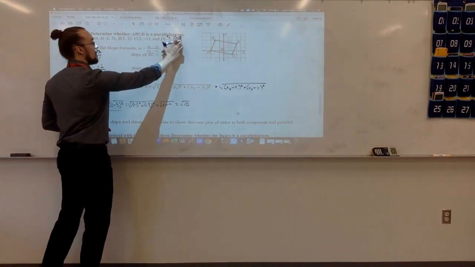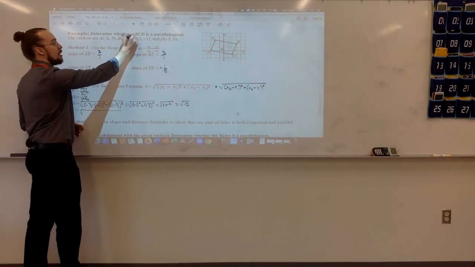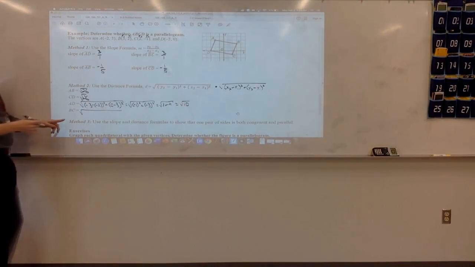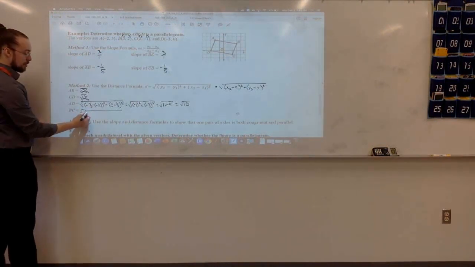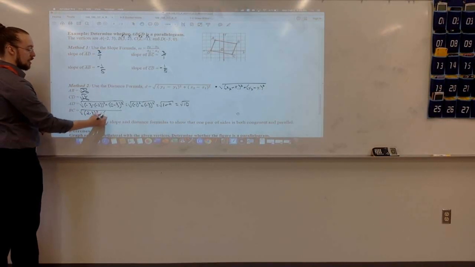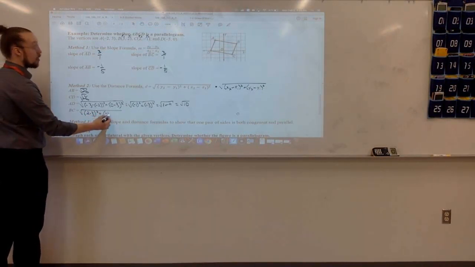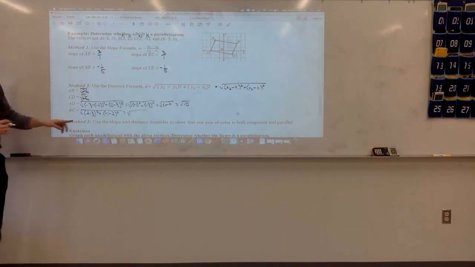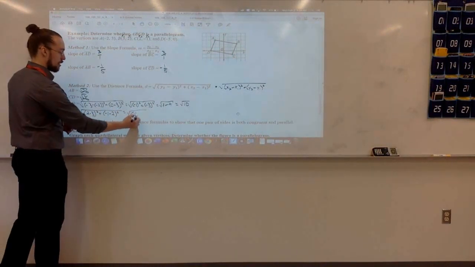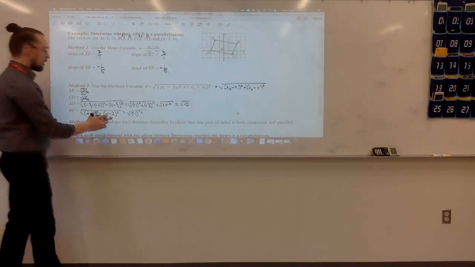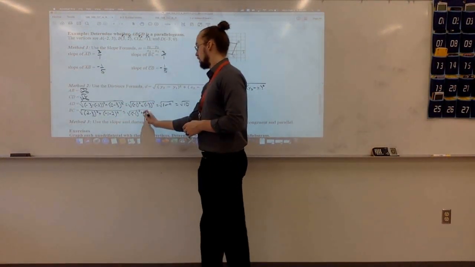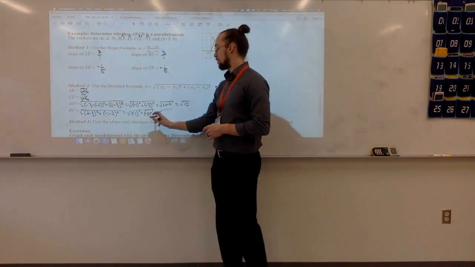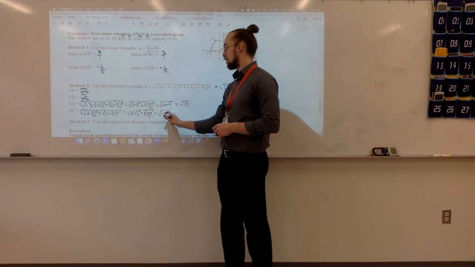So I can relabel my coordinates for B and C, x1, y1, x2, y2. So x2 minus x1 is going to be 2 minus 3. And y2 minus y1, -1 minus 2. So 2 minus 3 is -1 squared plus -1 minus 2 is -3 squared. So -1 squared is 1, -3 squared is 9.